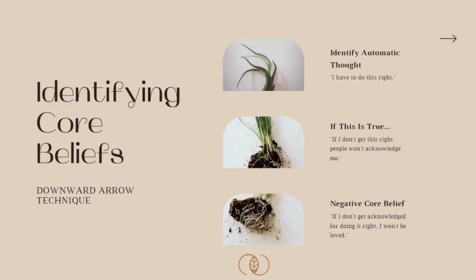And so I say, okay, well, if that is the automatic thought, let's ask the question, if that thought is true, what does that mean for or about you? And that's the question that I will continue to ask until we drill all the way down to the bottom and hopefully can get to the core.